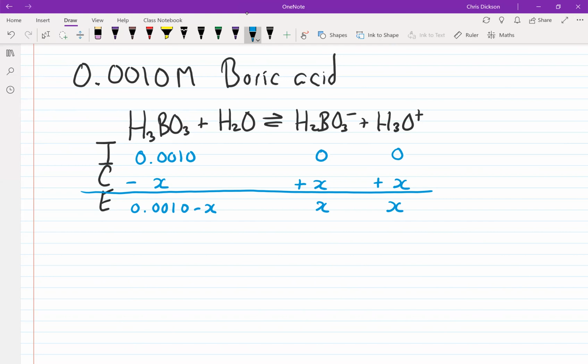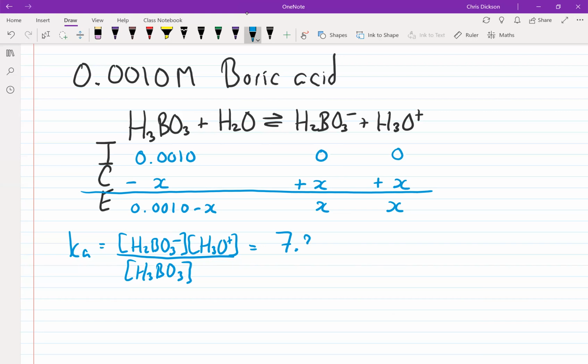Okay, so then I say my Ka expression. So the expression is just what I'm timesing out here. H2BO3 minus multiplied by hydronium divide by the concentration of the acid H3BO3. And that's supposed to equal boric acid, where are you? 7.3 multiplied by 10 to the minus 10, I believe.